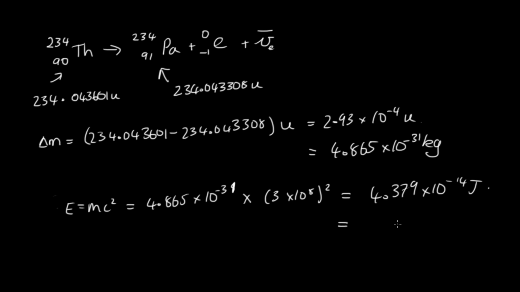Convert it to electron volts by dividing by 1.602 times 10 to the minus 19, and we get 2.7 times 10 to the 6 electron volts, which we can write as 270 kilo electron volts. Okay, so this is the energy which is released, and it'll be stored as kinetic energy in the electron and the antineutrino.